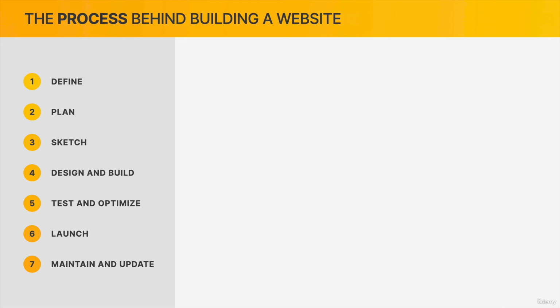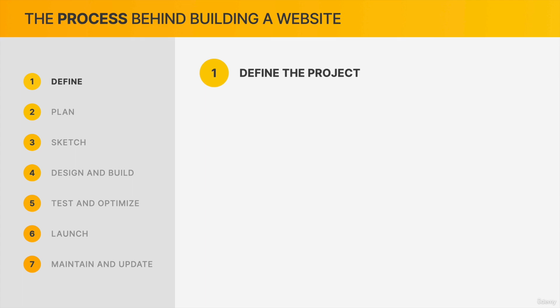Then, once that is done, we need to, of course, test and optimize that page before we can actually launch it. But even then, we are not done, because any website that is live on the web needs to be maintained and updated. Okay?